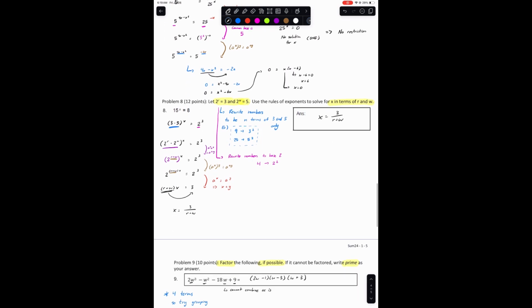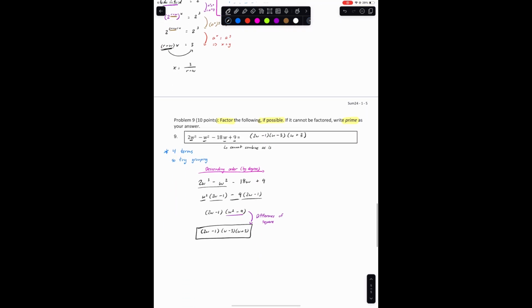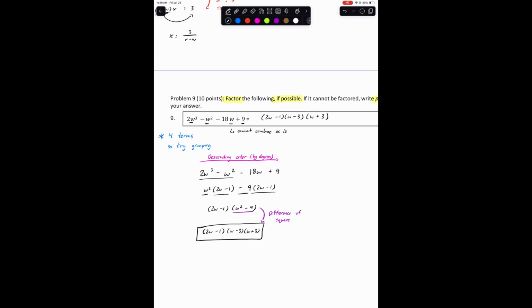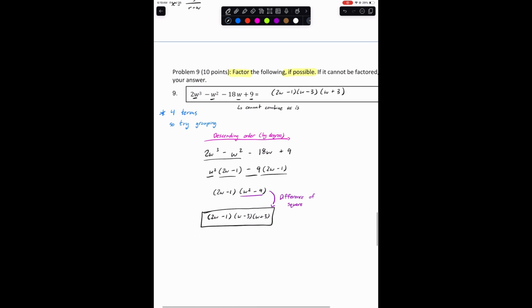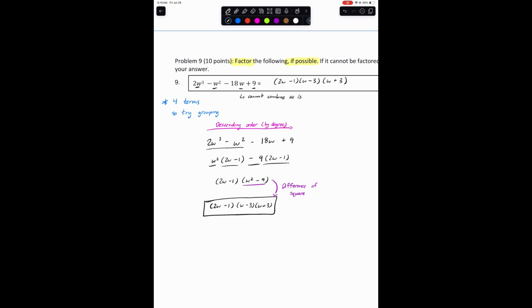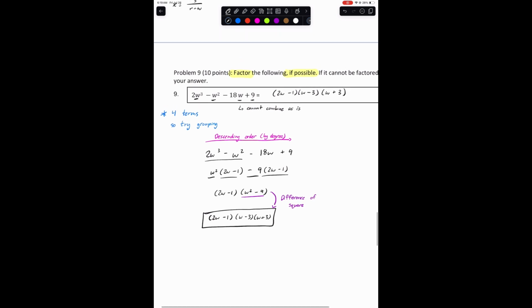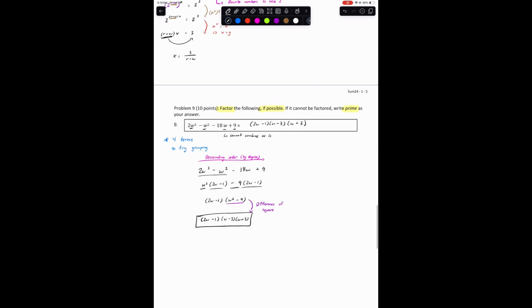This exam was more about whether you recognized what the game plan was supposed to be. Like for number 9, did you start grouping, and did you recognize the difference of squares that showed up for w squared minus 9? I think some people lost points because we didn't simplify this difference of squares.